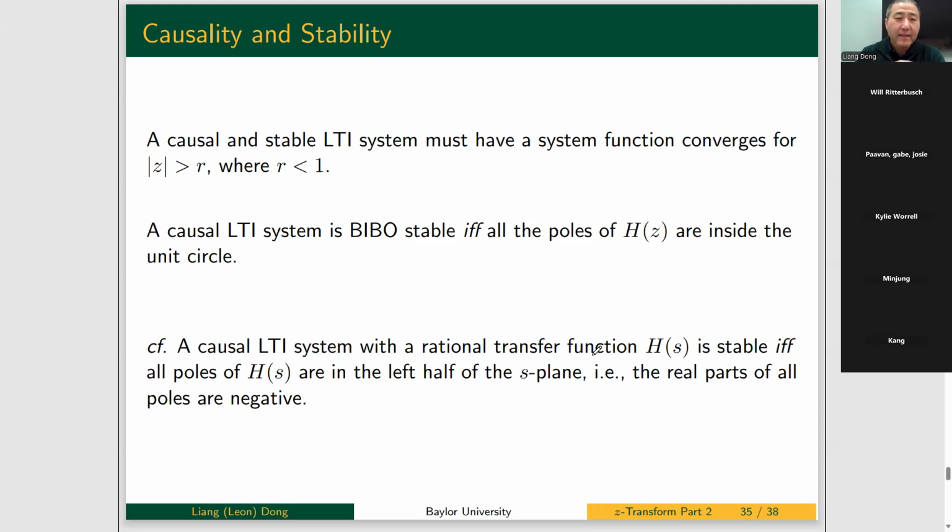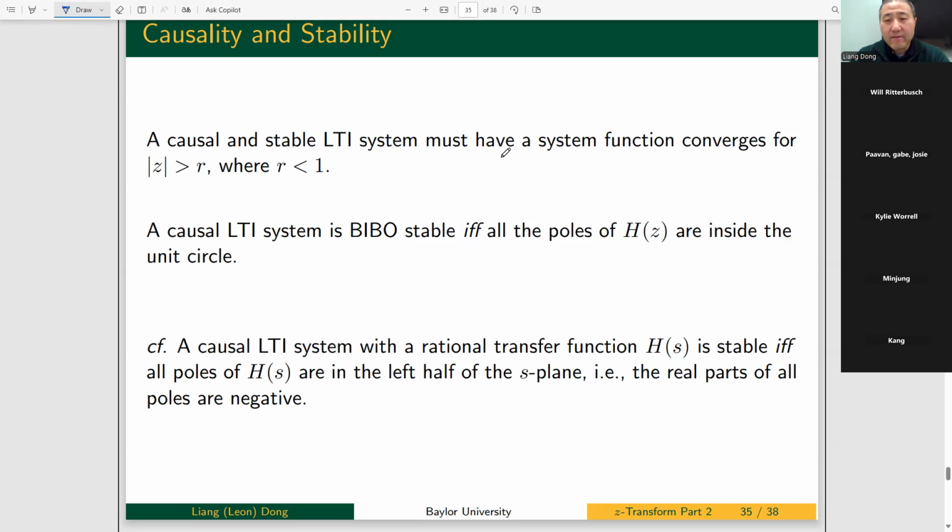Okay, last two minutes. Combine these two together: causality and stability. If I have a causal and stable system, and usually a practical system is both causal and stable, it must have a system function that converges for the absolute value of Z greater than R, where R is less than 1.